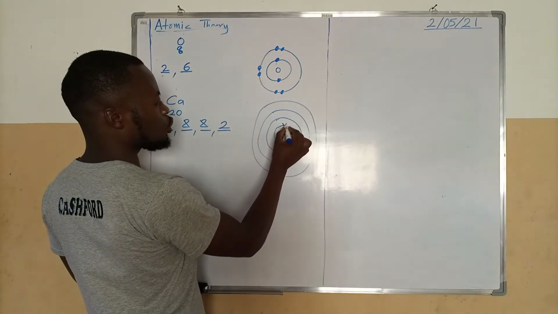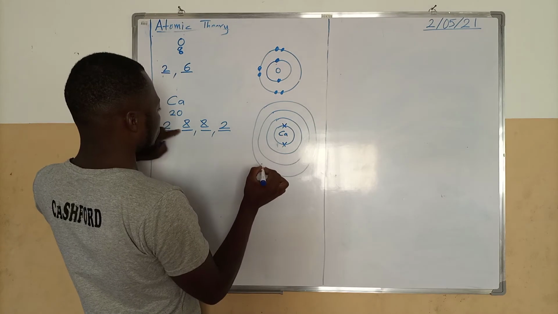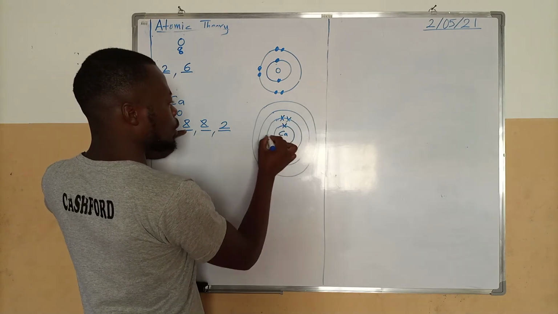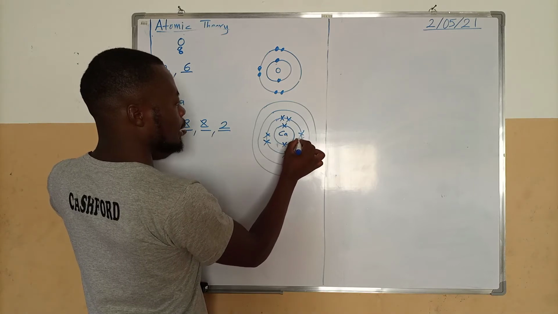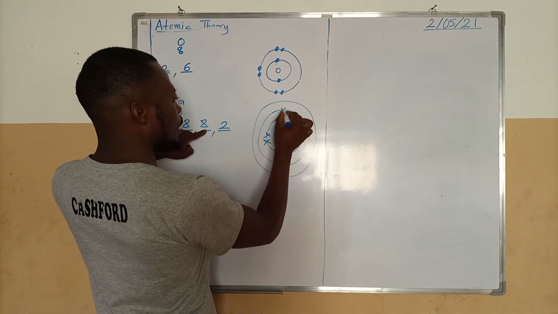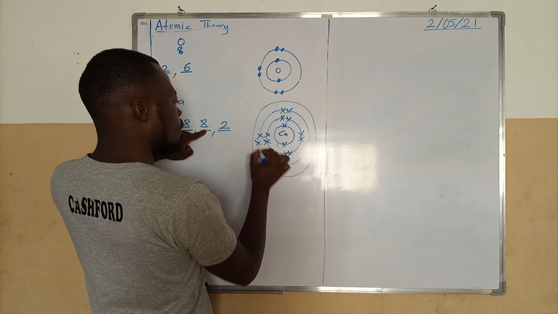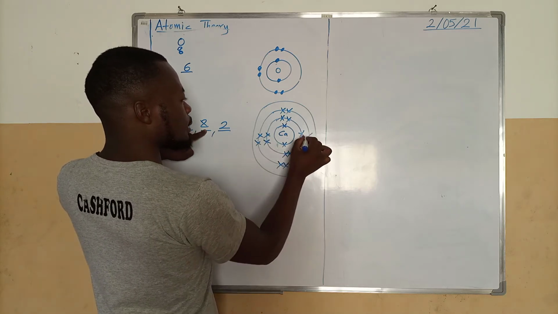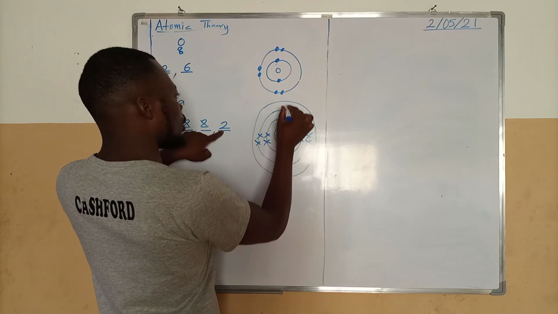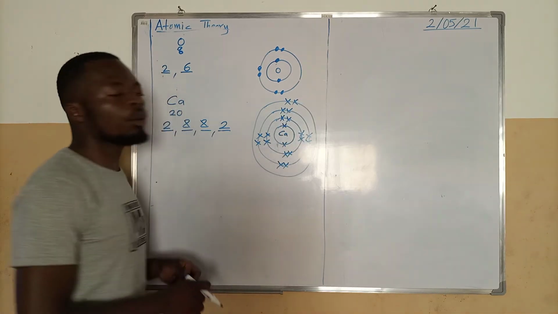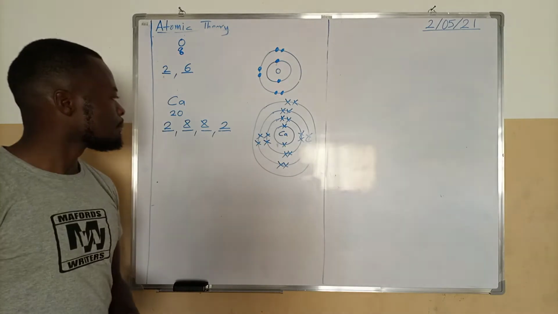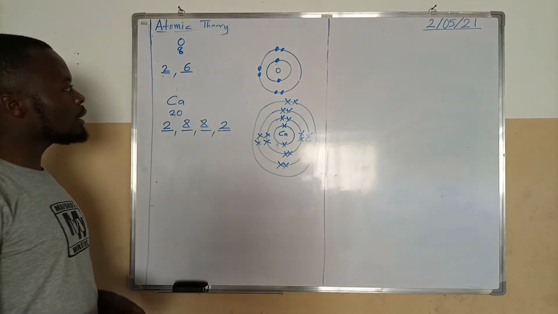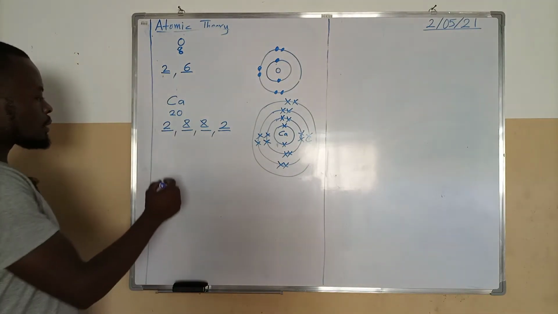We have 2, comma 8, 1, 2, 3, 4, 5, 6, 7, 8, comma 8, 1, 2, 3, 4, 5, 6, 7, 8. Then the last shell we have 2. This is how we draw the structure of calcium. Now, we have to understand what is known as ionization.